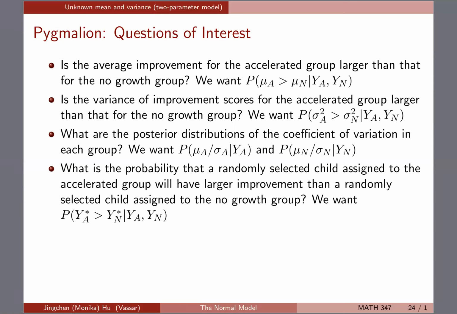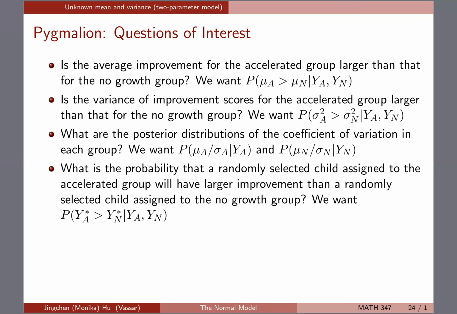So earlier I presented the data. Here is a list of questions that people might be interested in asking. I posed the question, and then after that, I showed in the analysis, particularly in this Bayesian approach, what this question is related to in terms of probability.